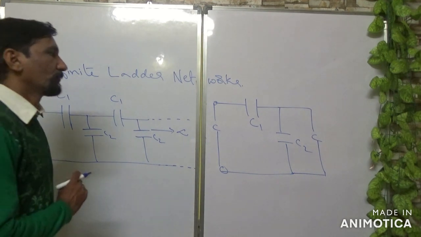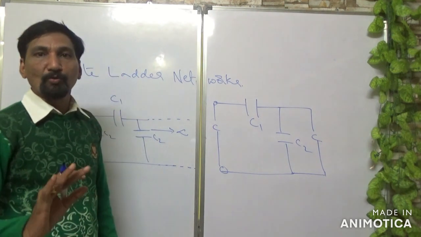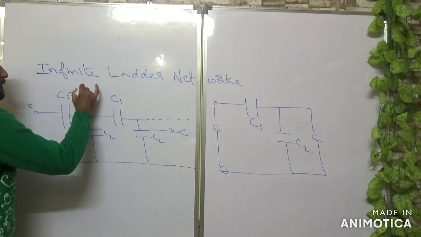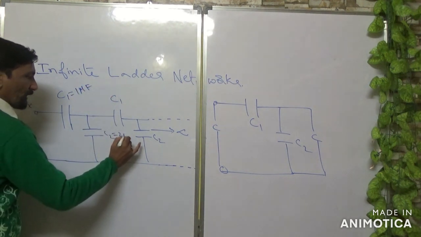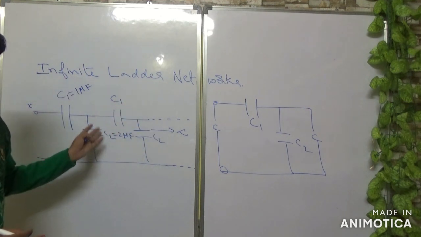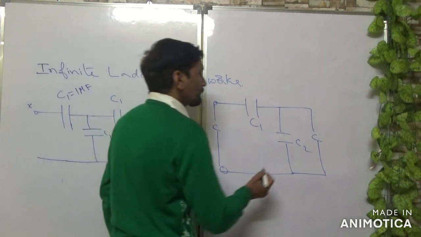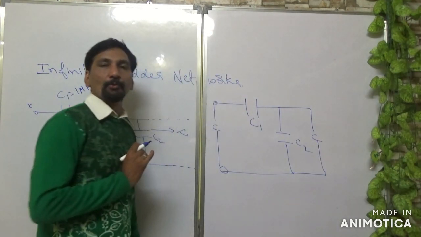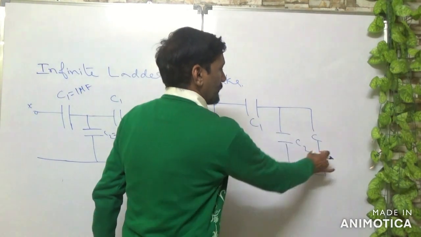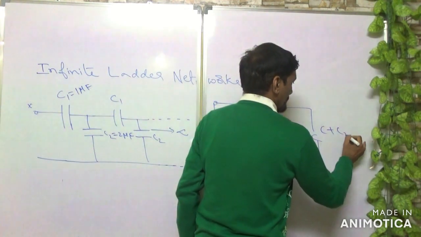Now, if you notice, these two are in parallel combination, right? You may be given this as, say, 1 microfarad, this as 2 microfarad, or 5 and 10, or 10 and 5. You will be given some values for C1 and C2. Then first you take these two in parallel combination. You see the endpoints are the same. So this is C plus C2.